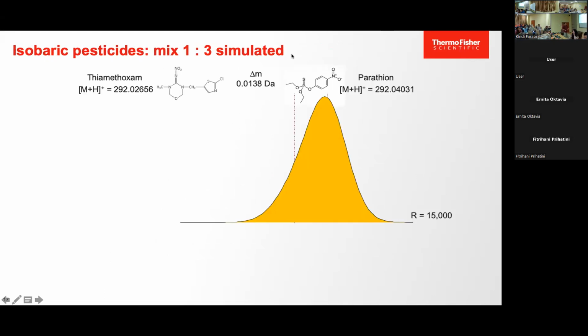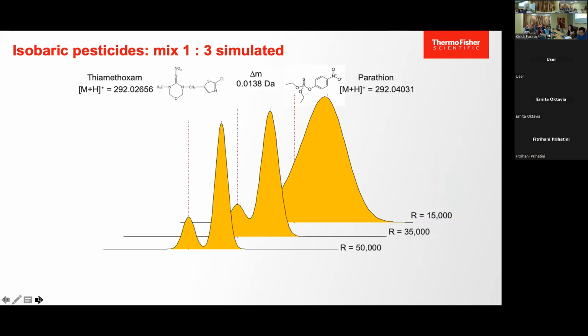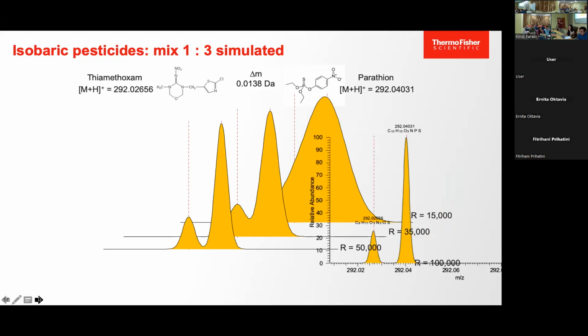Okay, so this is just another example at 15,000. I have two compounds, 292.026 and 292.04. The delta mass between them is very small, 0.01. So this is an example at 15,000, then you increase to the next resolution, 35,000, next 50,000, and next 100,000.